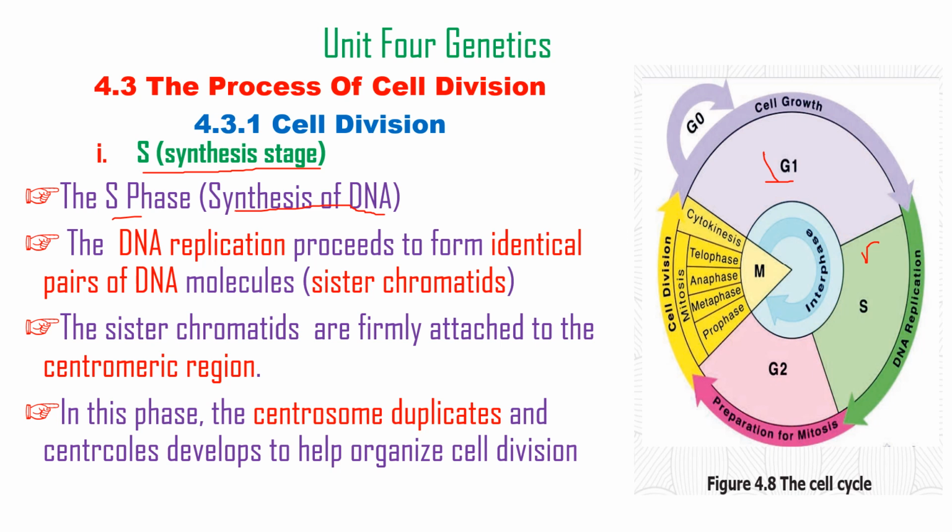Briefly, the S phase is known as DNA replication, whereas G1 phase is known as cell growth. G2 phase is known as preparation for mitosis. So the S phase is synthesis of DNA.